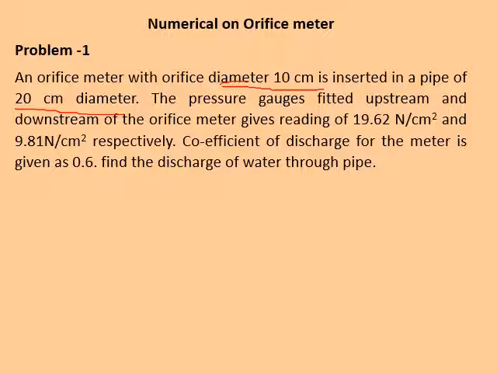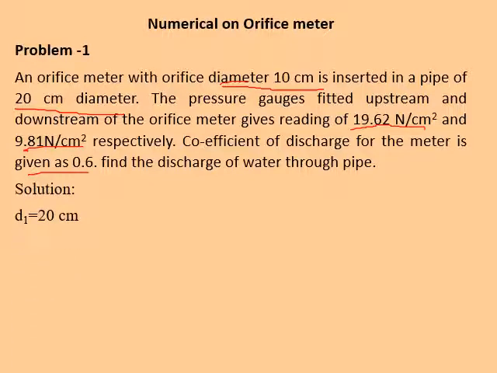The pressure gauges are fitted upstream of the orifice meter, that reads a pressure at point 1 equal to 19.62 Newton per centimeter square and at downstream 9.81 Newton per centimeter square. The coefficient of discharge is given, that is 0.6. Now find out the discharge through the pipe.